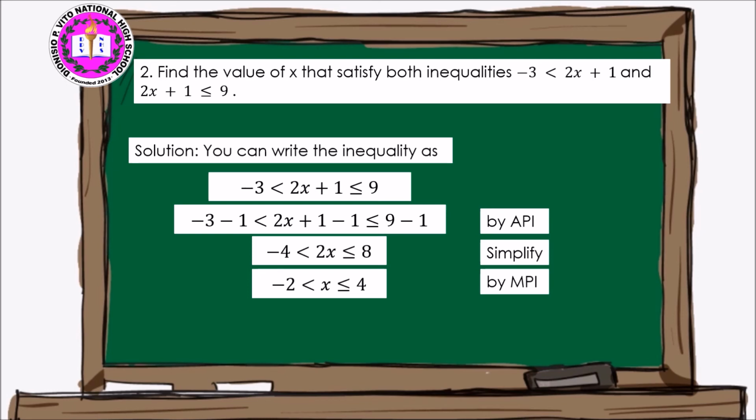Then we have greater than negative 4 divided by positive 2, which is equal to negative 2, but less than or equal to 8 over 2, which is equal to 4. Therefore, we have x is greater than negative 2, but less than or equal to positive 4.